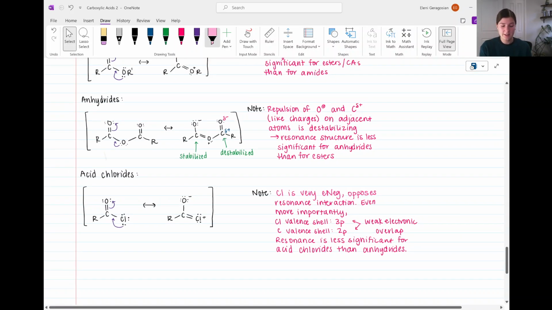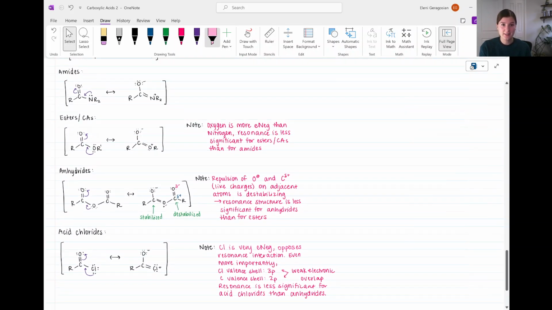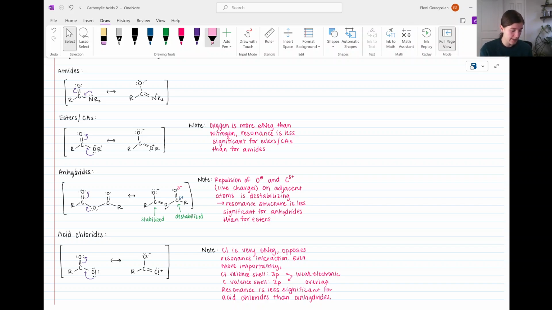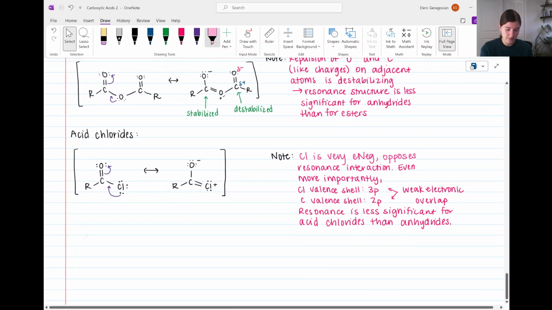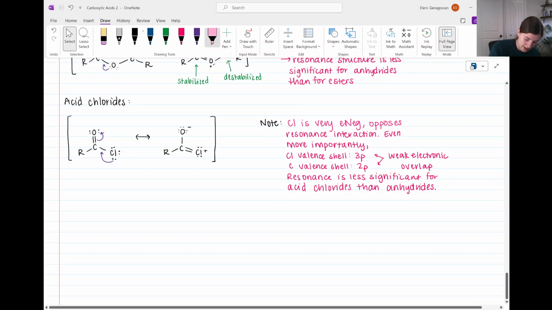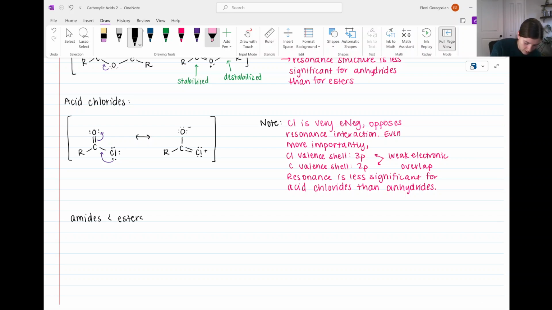Okay, so we've considered the resonance effect of all four of these different types of acyl groups. And so we can use this to explain that trend in reactivity. So we stated the trend in reactivity in the first video for today, where amides are less reactive than esters / carboxylic acids. I will say these were approximately equal.